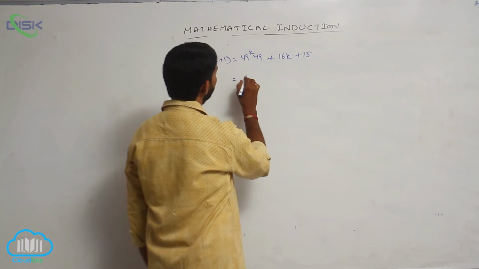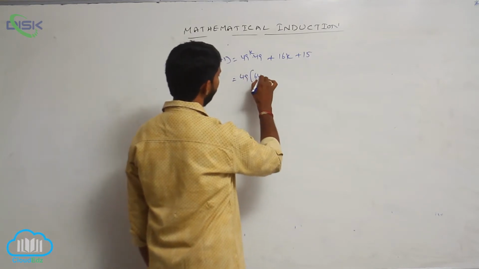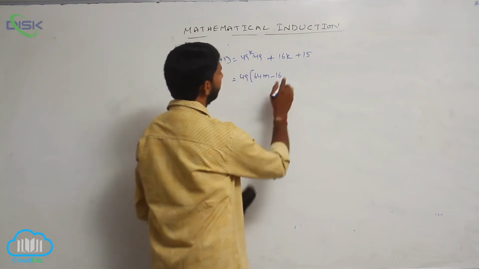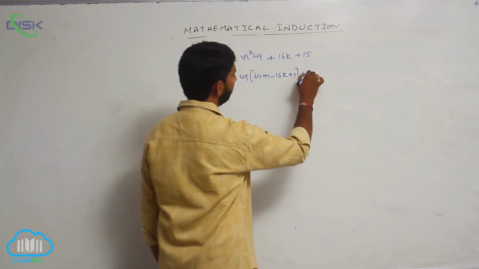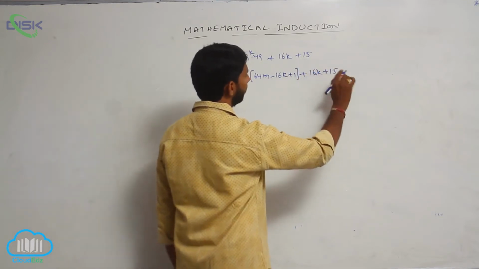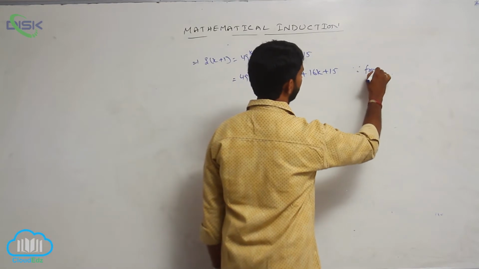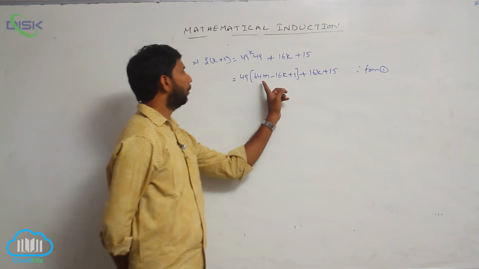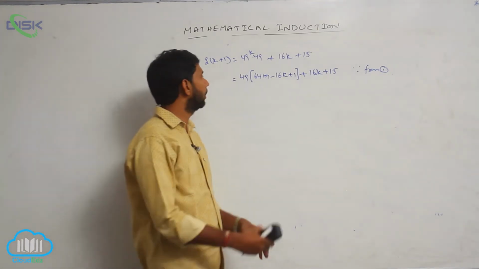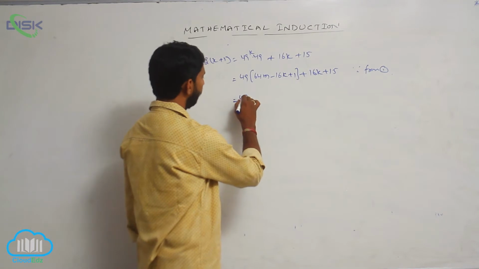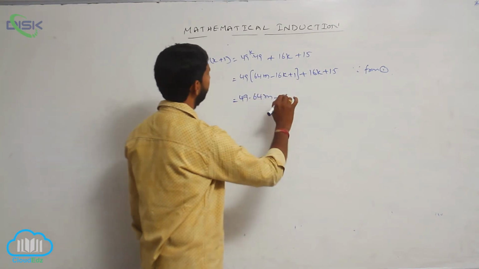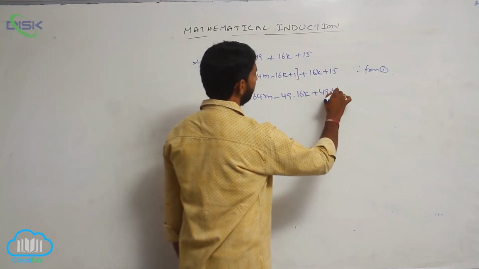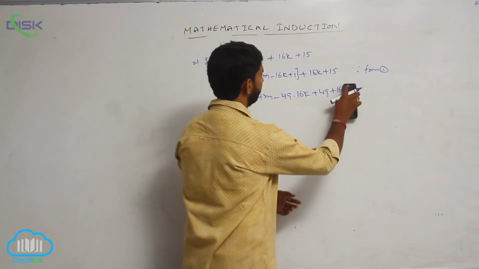That is equal to 49(64m - 16k + 1) + 16k + 15, since from equation number 1, the value of 49^k is 64m - 16k + 1. Multiplying by 49: 49 times 64m minus 49 times 16k plus 49 plus 16k plus 15.